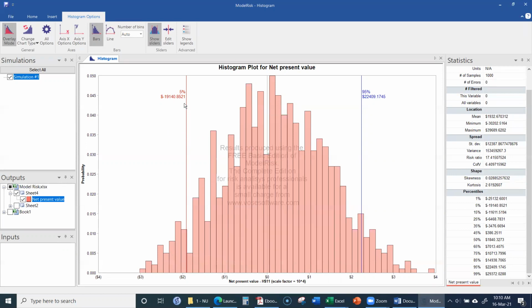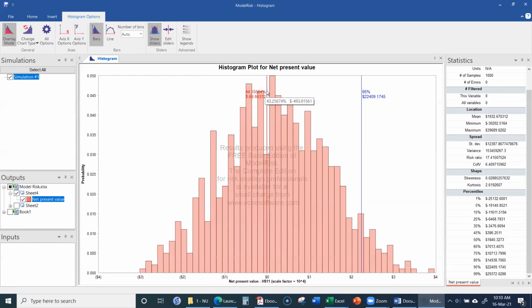If you move this vertical pointer left and right, you can see the values are changing. At this point it shows 7.49%, and the net present value is negative $16,000. If I move it towards the right, the negative value will be minus 12,325, and then it is now minus $7,136.